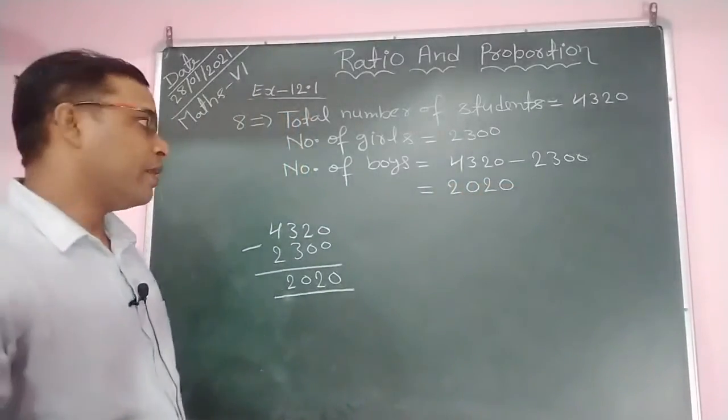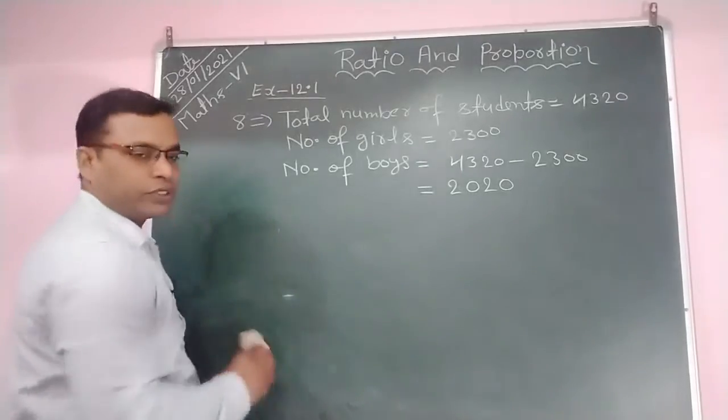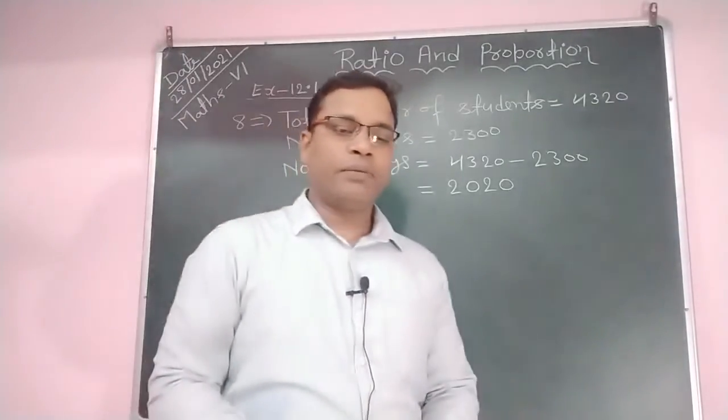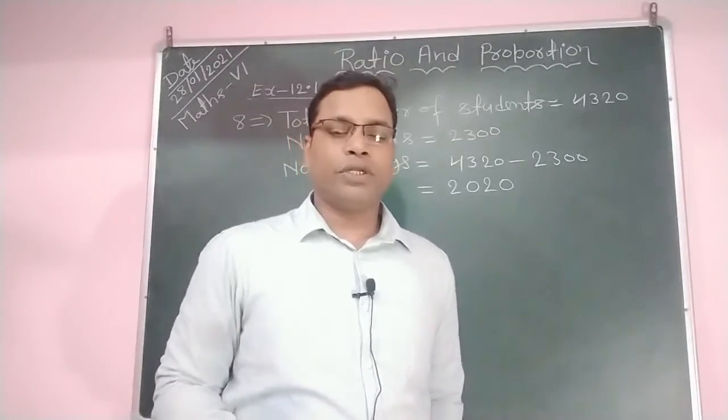So students, now the first part. The first part of this question is that we need to find the ratio of the number of girls to the total number of students.